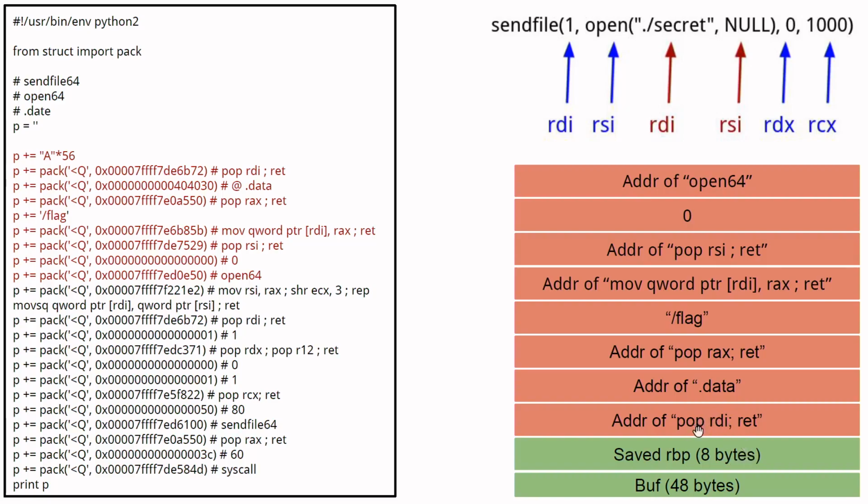Let me see. The first instruction is pop RDI, so the data's address is popped into RDI. Then next we will pop RAX. Then we have the flag's address in RAX. Then we move that flag's address to this memory location, data. Then we have the pop RSI, and RSI is 0. Then we have open64.